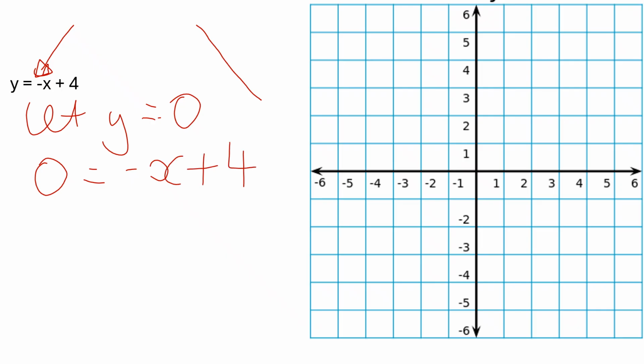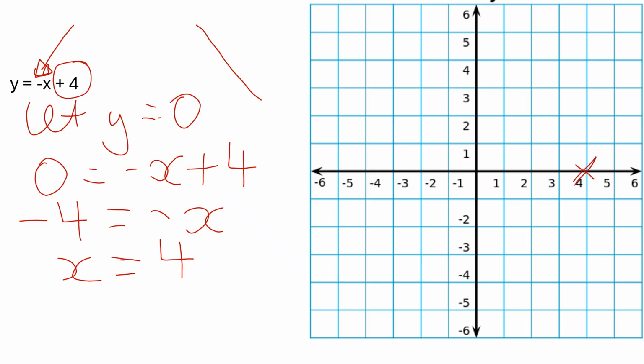We want to get that 4 onto the other side. So we do minus 4 from both sides. Negative 4 equals negative x. So x will be 4. And then we look here for our y-intercept. It is also 4. And we draw our line in.